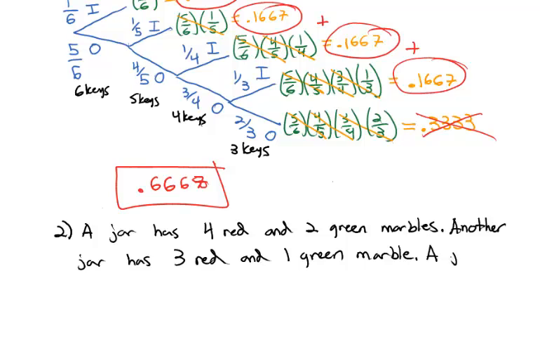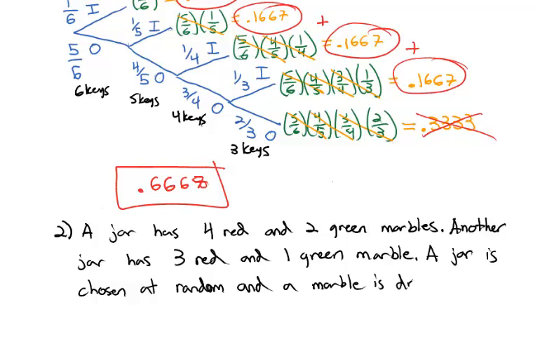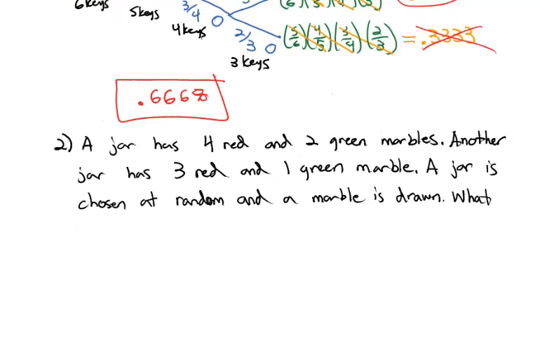A jar is chosen at random and a marble is drawn. What is the probability a green marble is drawn?